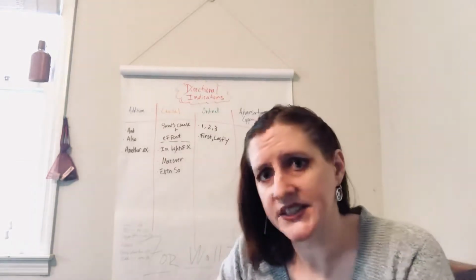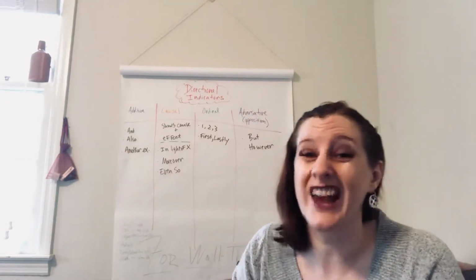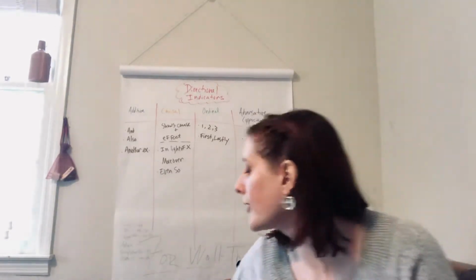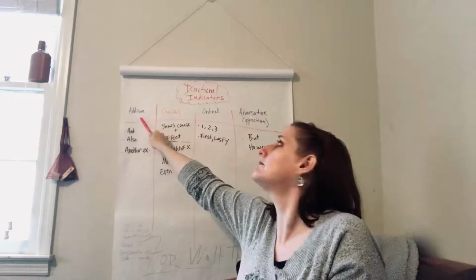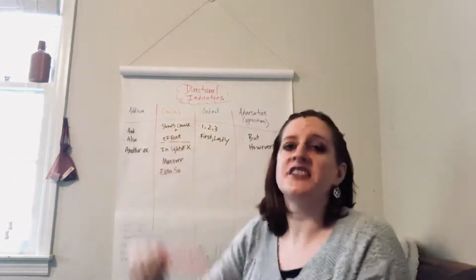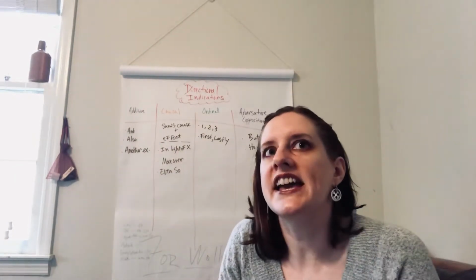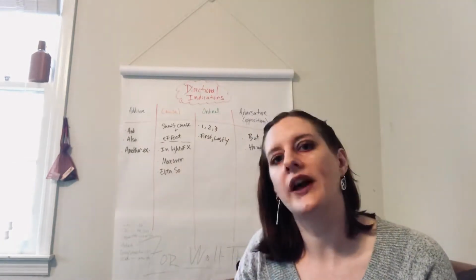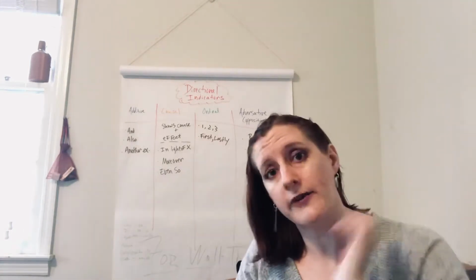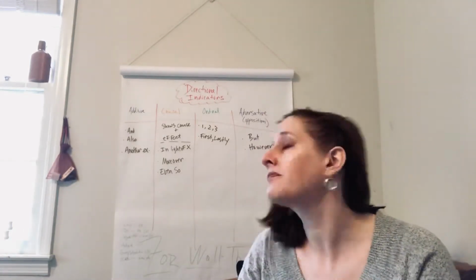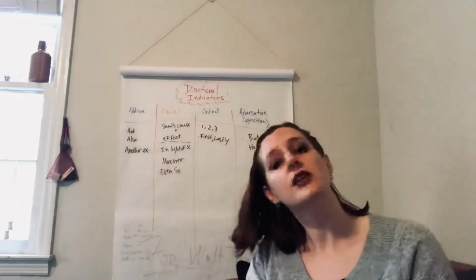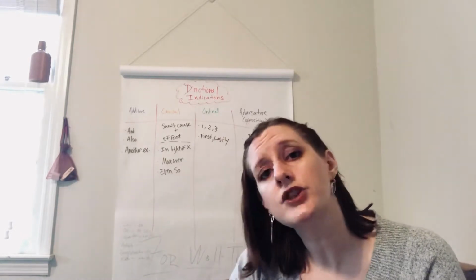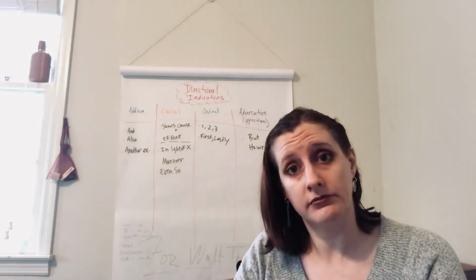There's 4 different kinds of directional indicators. There's actually a lot of different kinds, but 4 basic categories, so that's what we'll go over. First, additive. These are ones that are words like and, in addition, also. So what they're doing is they're showing that we are adding more information, right? Hence additive. The other kind, causal, not casual, causal. These show cause and effect within thinking.